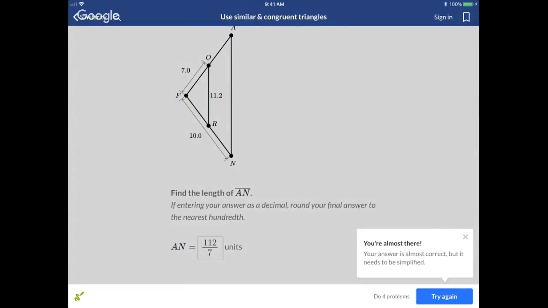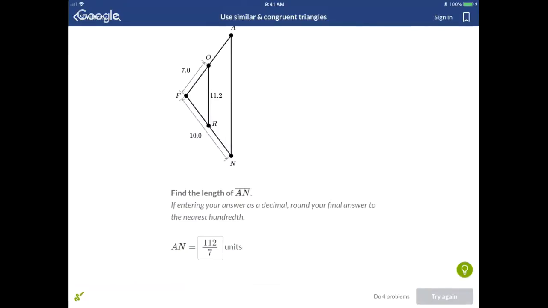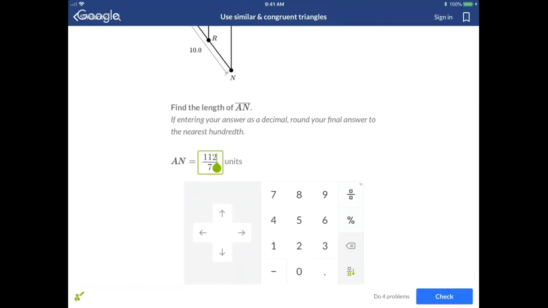What? They don't like the way I wrote my answer? Fine, I'll round it. 112 sevenths rounded becomes 16.